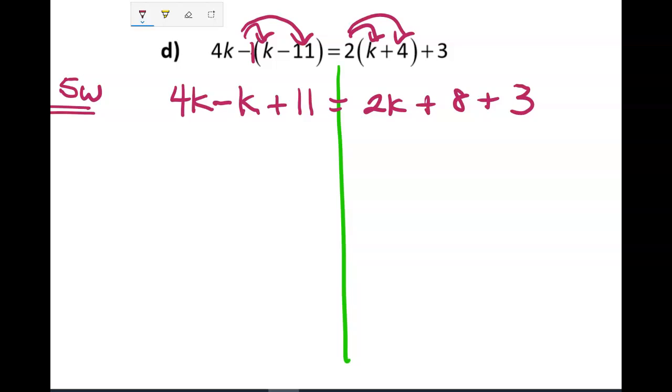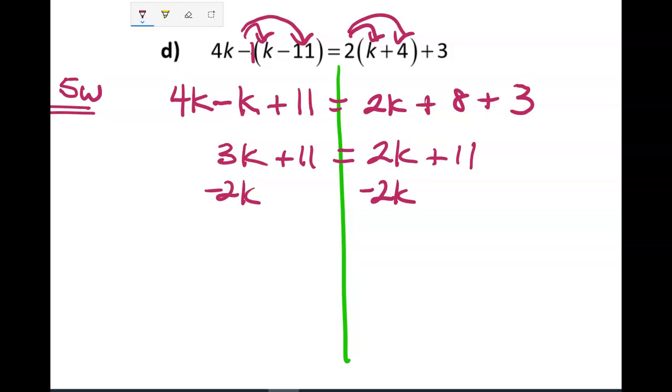And now let's combine some like terms together. So we have 4k minus k is 3k plus 11 on the left side of the equal sign. And on the right side, we have 2k plus 11. Let's move our variable term first. So we can subtract 2k off from both sides.